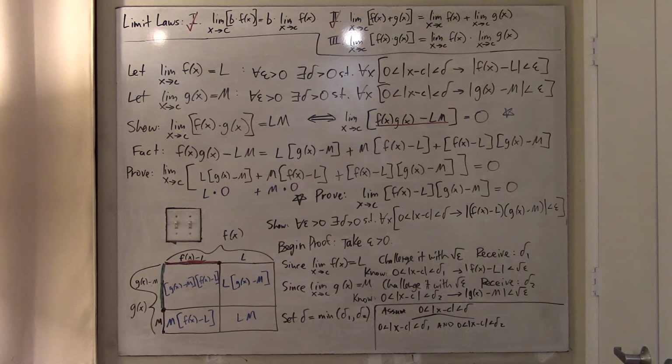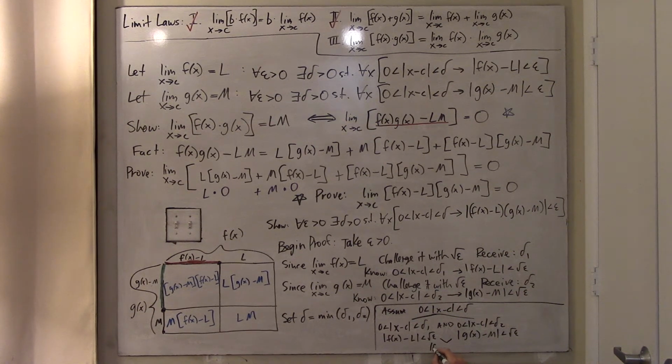And so what do I know? By applying this conditional, I know that the gap between f and L is less than root epsilon. And by applying this conditional, I know that the gap between g and m is less than the square root of epsilon. And now I simply multiply these two facts together.